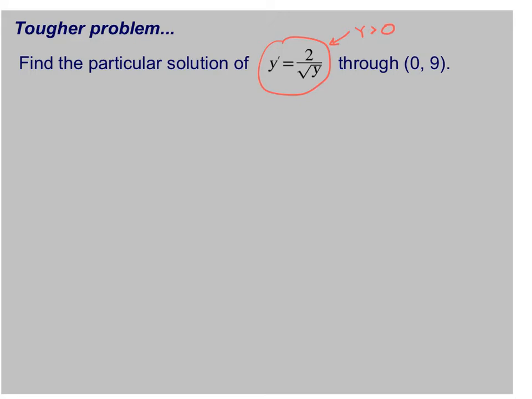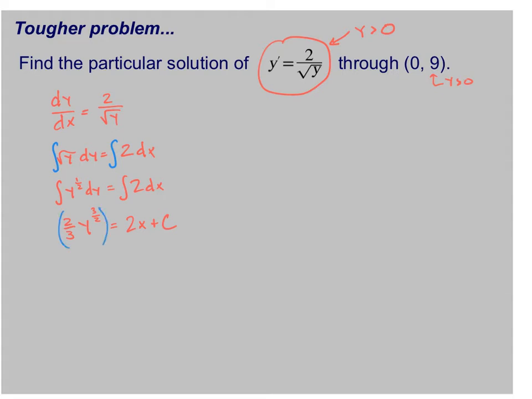We're going through the point 0 comma 9. This is a y value greater than 0, so we're okay there. Let's go ahead and do our 4-step process here of write, separate, integrate, and rewrite. At this point, I'm going to try to solve for y. First thing I'm going to do is multiply both sides of this equation by 3/2.